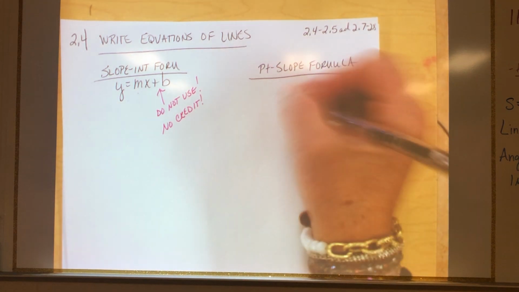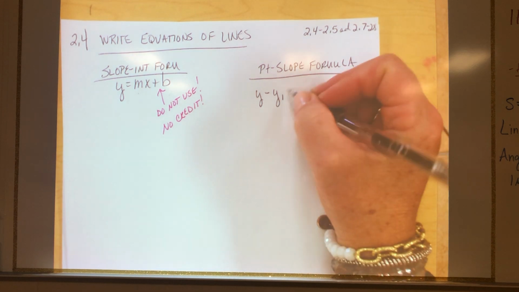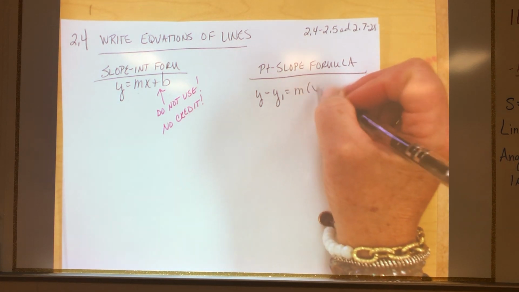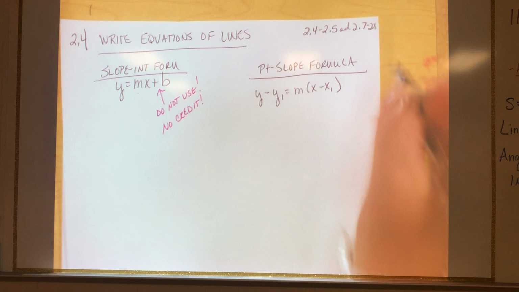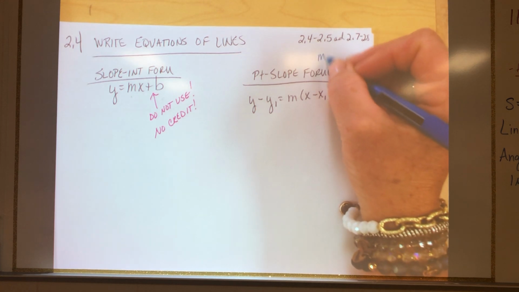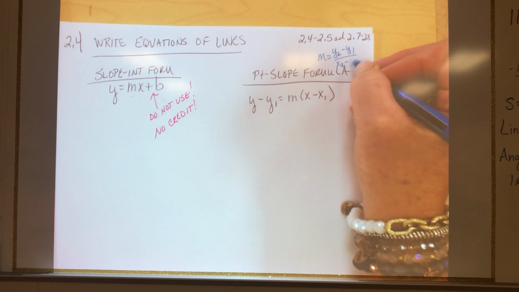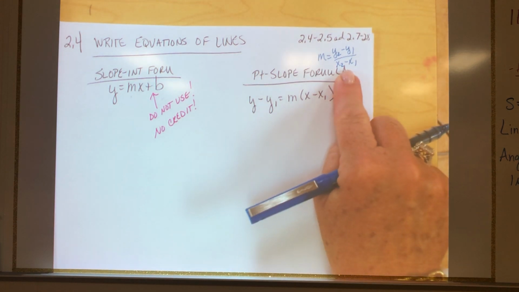So, the formula looks like this. Y minus y sub 1 equals m times x minus x sub 1. So that's the formula. I'm going to show you where it comes from. Have you ever seen this formula right here?